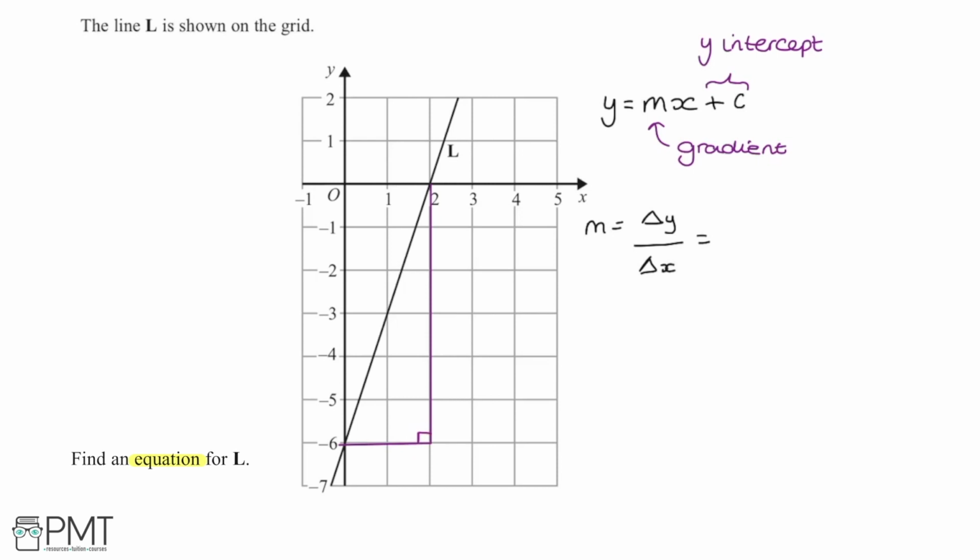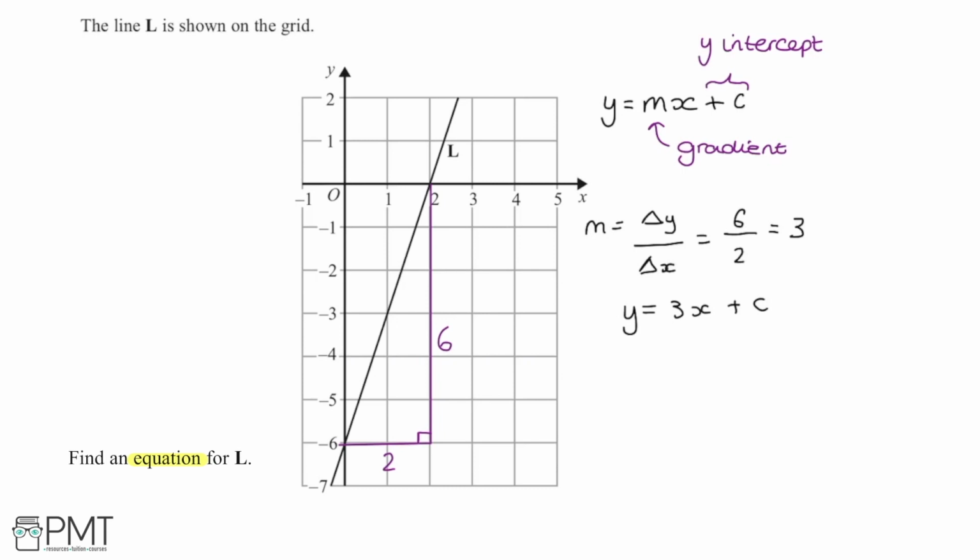So this is a change in x of 2, so 2 squares. And similarly for y, we start at -6, and we're going to go up 6 squares to 0, so there's a change of 6 squares. And then I can write this out, so the change in y is 6 over the change in x, which is 2, and that gives me an answer of 3 for the gradient. So if I substitute this back into the equation, we have y is equal to 3x plus some value of c.